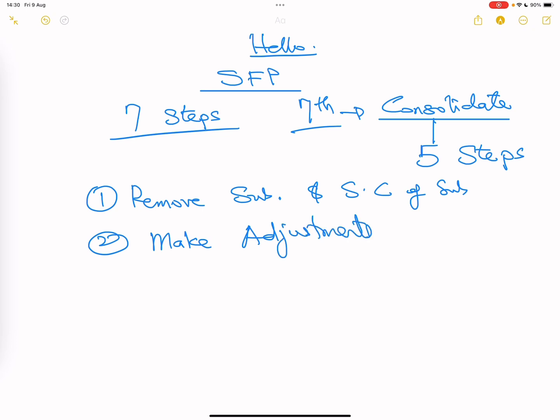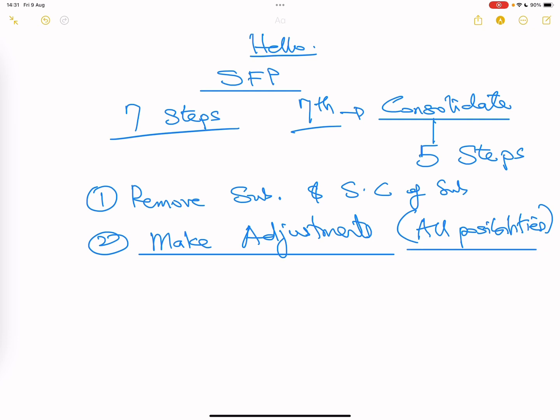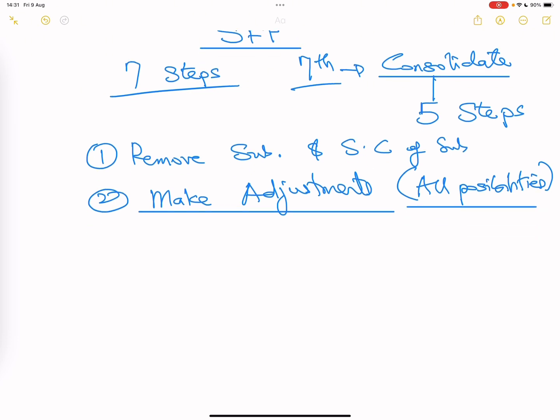The necessary adjustment here is what I want to talk about today. So today I'm going to be talking about all possibilities of adjustment that you can face. I'll look at all of that today. I will start today, and we'll see if we can't finish, we'll go into the next video for the other adjustment.